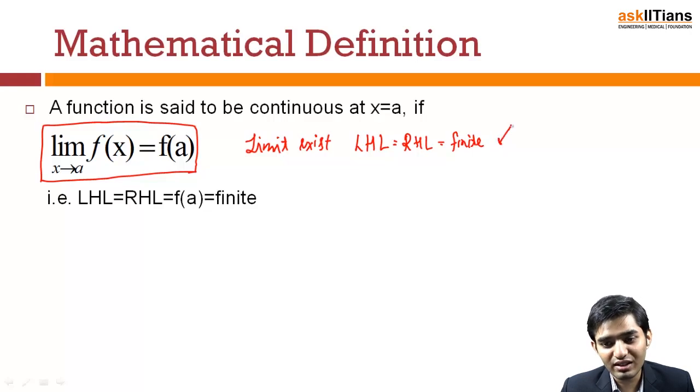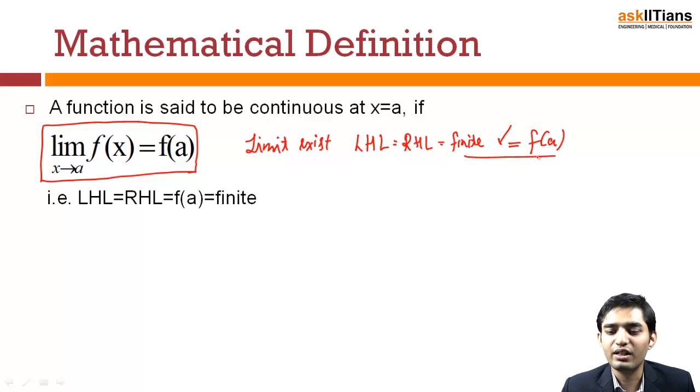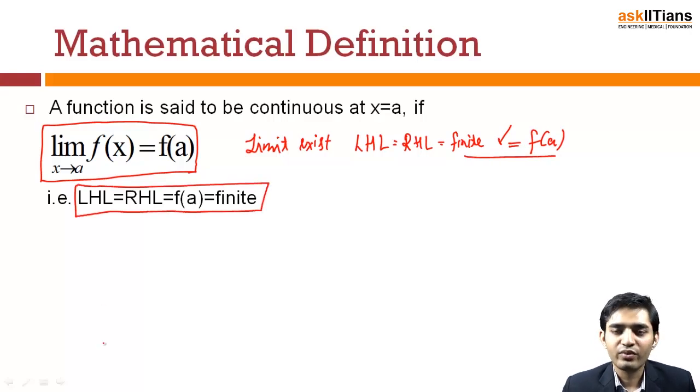So limit should exist and also this should be equal to the value of the function, then it will be continuous. So this will be the condition for a function to be continuous. Mathematically we can check by finding out the limit. First find out the limit, find out the value of the function at that particular point, and then check whether both of them are equal or not and both of them are finite or not.